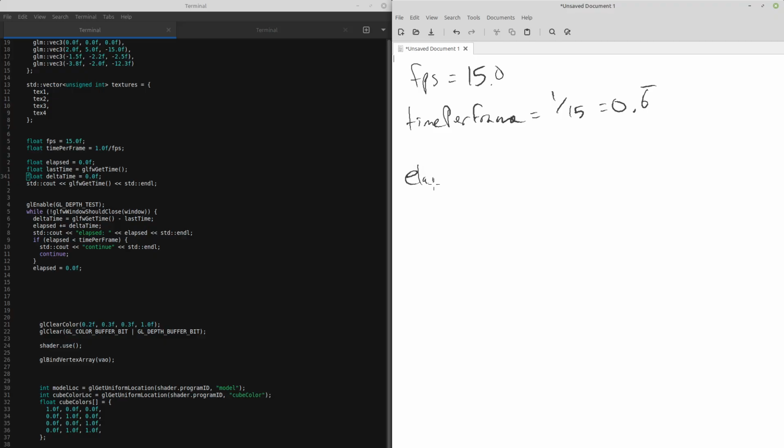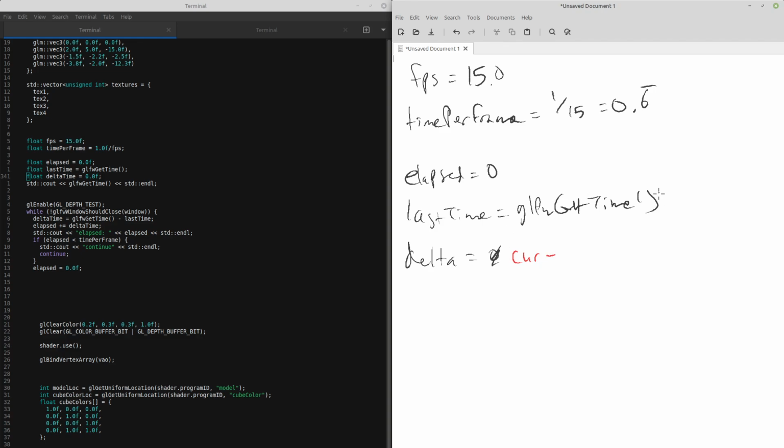Our elapsed, we're starting at 0 because no time has elapsed. We can write it as 0. Our previous time, our last time. Well, this doesn't seem to make a difference, so this might as well be 0, I guess. Our delta time, it's called delta, equals 0. We're going to go through and say, okay, delta time is actually now going to equal the current time, which is GLFW get time, minus the previous time.